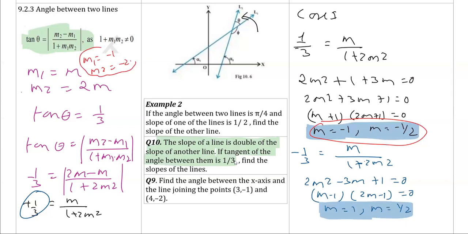This is the first. Second, if I'm taking m as 1, we get m1 as 1 and m2 as 2. So our final answer will be these two.